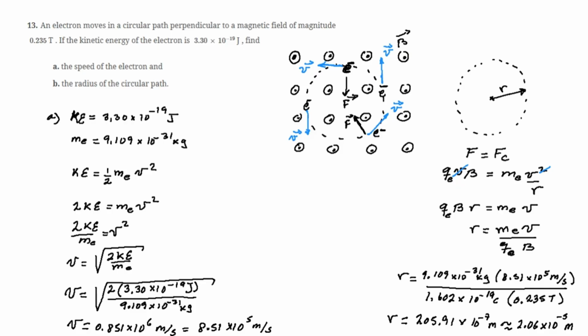It wasn't really given, but I just picked one direction for the magnetic field, and then I explained how to do this part, or the motion.